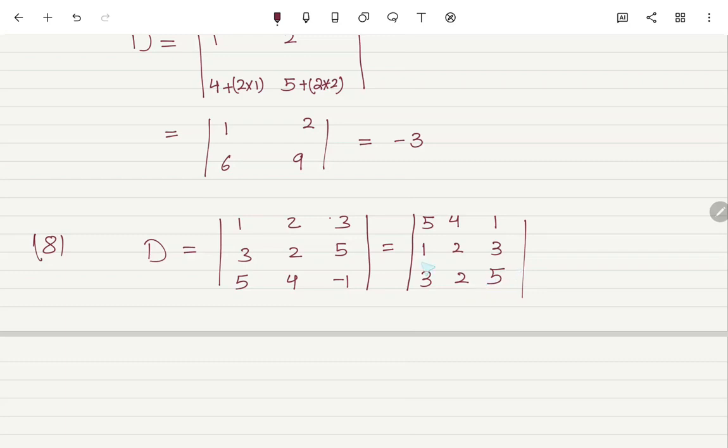In this case here, the value of the determinant does not change. It will change, going back to the properties before, if two rows or two columns are interchanged. But if we interchange all the columns, or all the rows, the value will be the same.